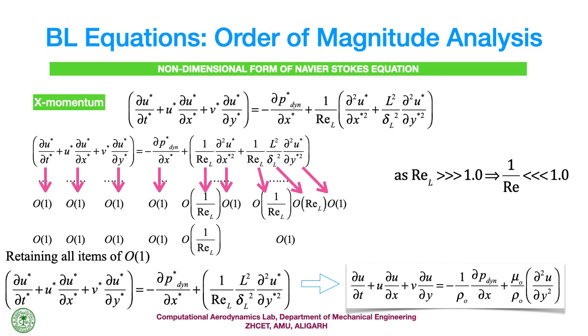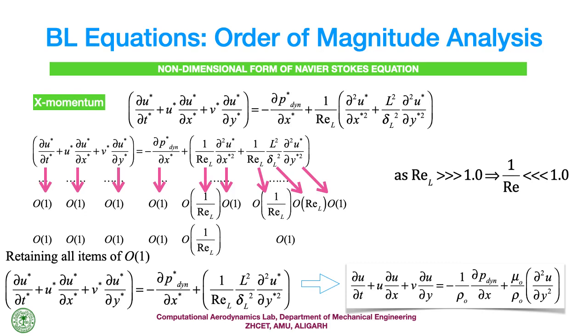Now, if I want to see the value of Re_L, you already know that Re_L must be much greater than 1. So that means 1 over Re_L will be much less than 1, so this term automatically becomes much smaller than 1. So if I retain all the terms of the order of 1, then I have to drop this part from the boundary layer equations.